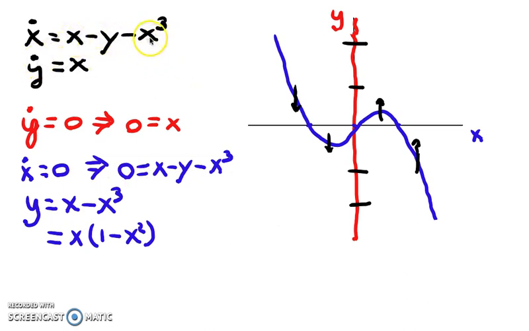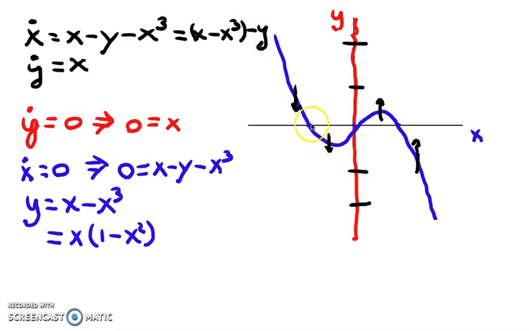Now, this is a little bit more subtle, but if you look at the right-hand side here, you could rewrite that as x minus x cubed, and think of this as a quantity, and then subtract y afterwards.